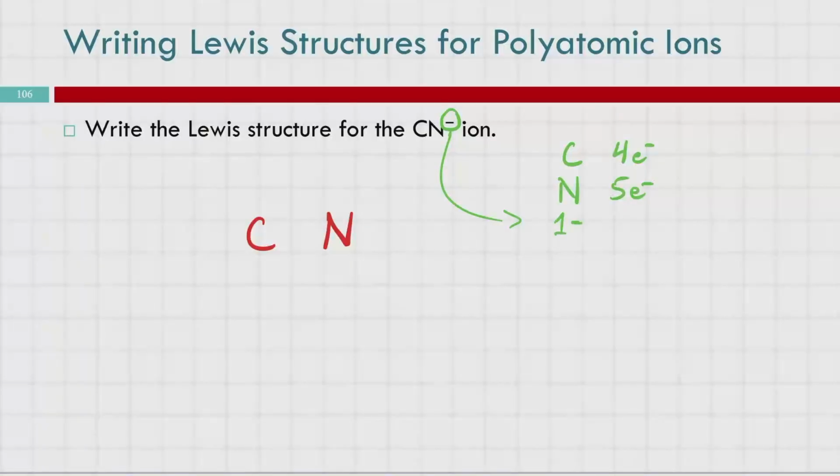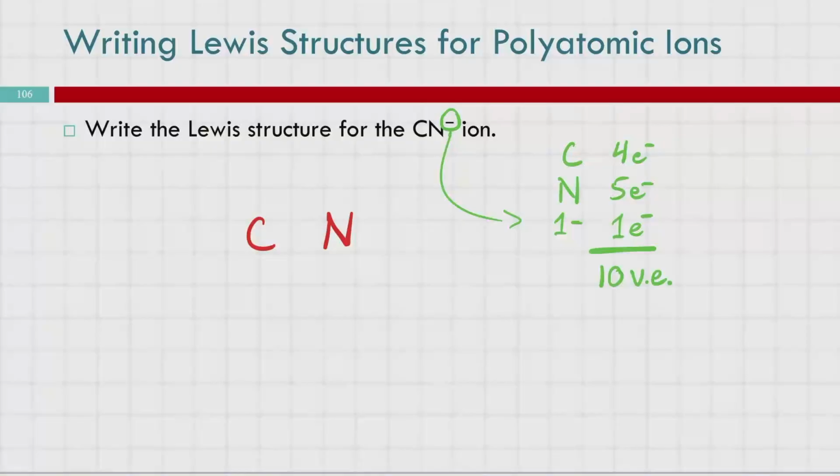So we've also got a 1- charge, which means 1 electron. If you don't add in that 1 electron for the negative charge, you will not get a good Lewis structure. So we've got a total of 10 valence electrons to play with, thanks to that negative charge.